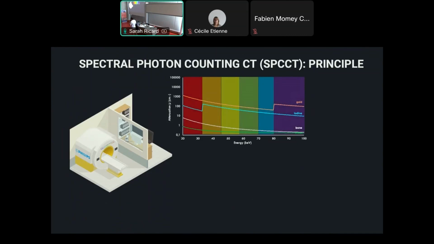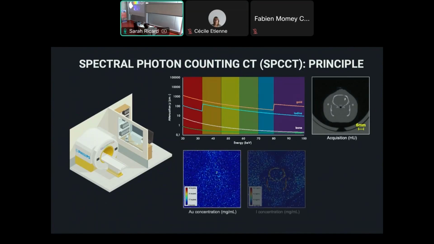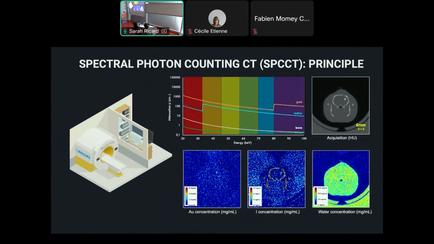So we are able to do the same principle of K-edge imaging, but with a conventional source. Next to that, we are able to have this decomposition too. It's probably not the same price, but you have this normal conventional image and this decomposition.